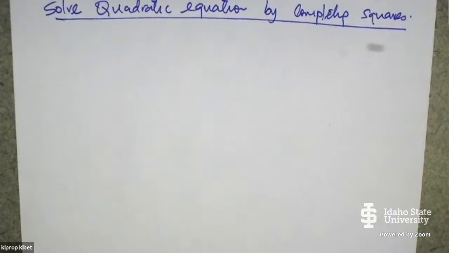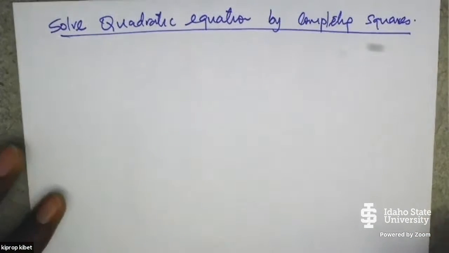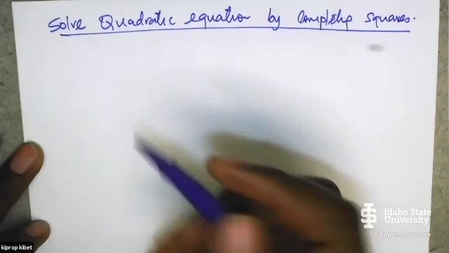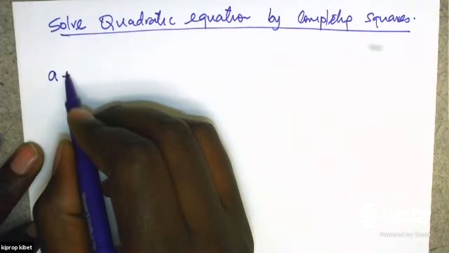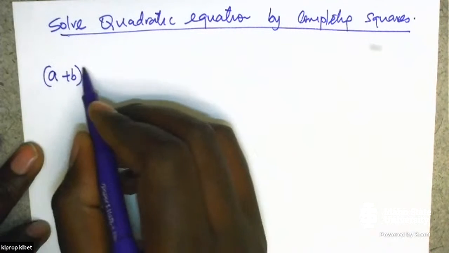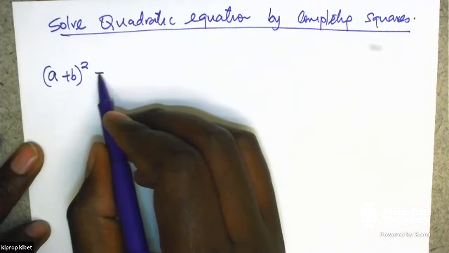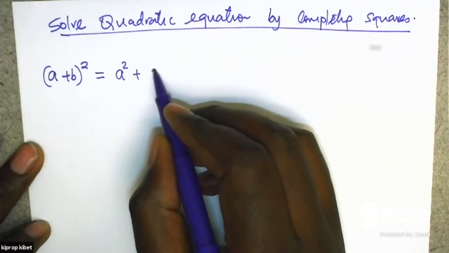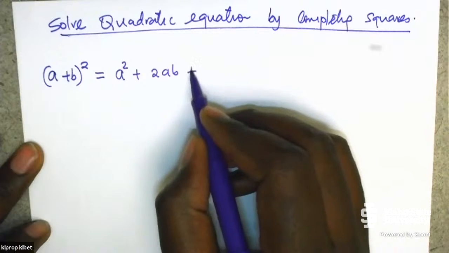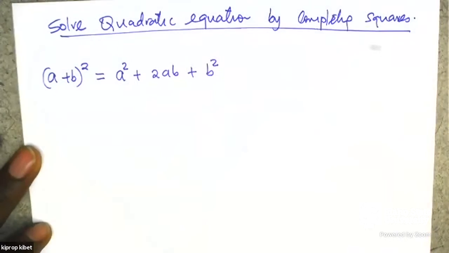Now, if we can recall, (a + b) squared is similar to a squared plus 2ab plus what? b squared, right?